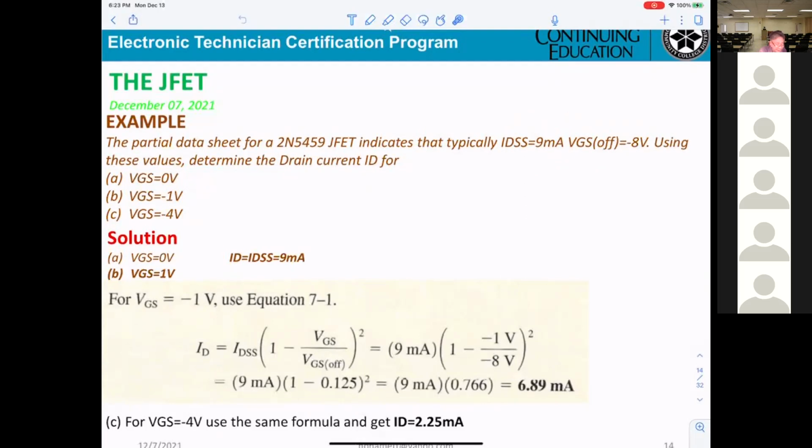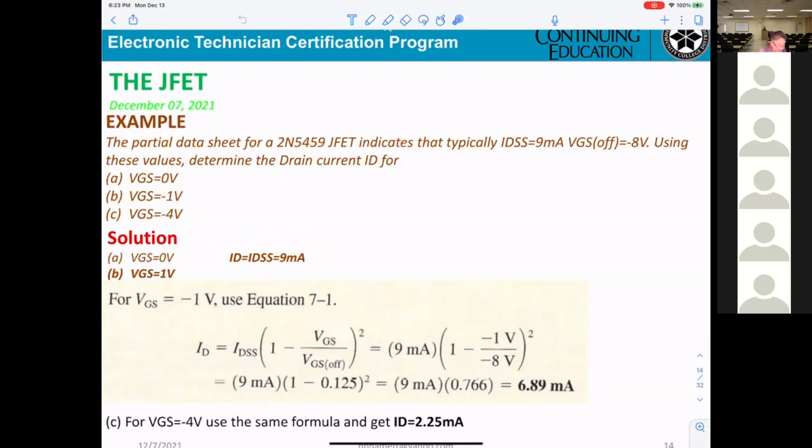Then VGS equals minus 1 volt, and so forth. Number A, VGS equals 0. Then the current ID equals IDSS, 9 milliamp. You don't have to do any calculation.